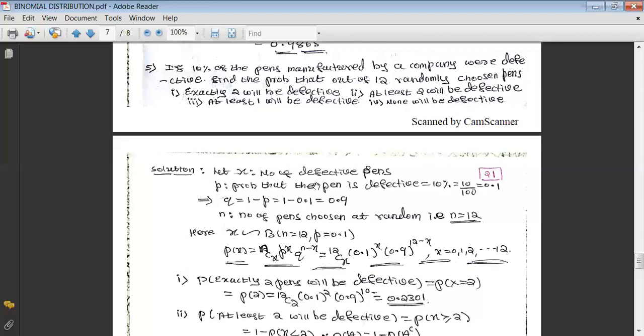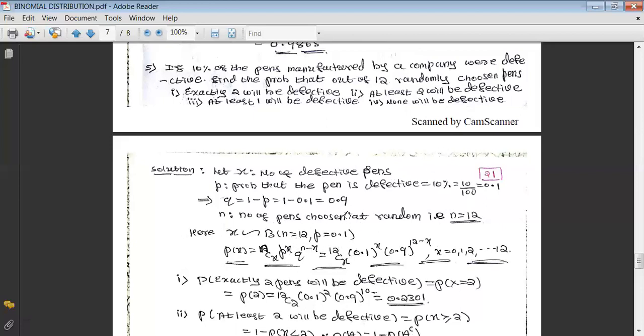In this case also, for this variable x, we observe all the three conditions of binomial. This is finite, and being defective is same for all, and for every pen only two options, being defective or being non-defective. That's why we can conclude x is a binomial with n equal to 12 and p equals to 0.1.